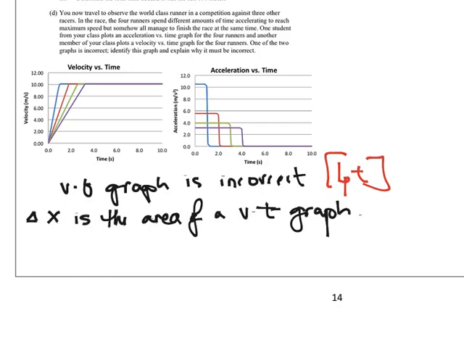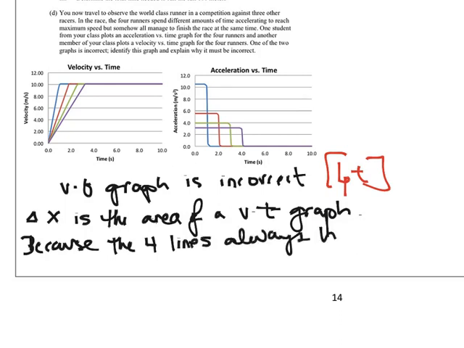And basically, because the four lines always have different area, they can't reach the finish line at the same time.